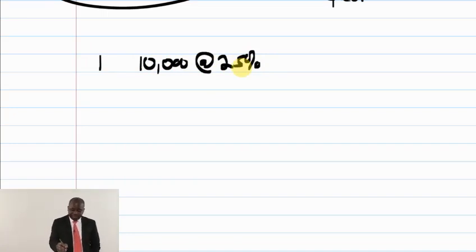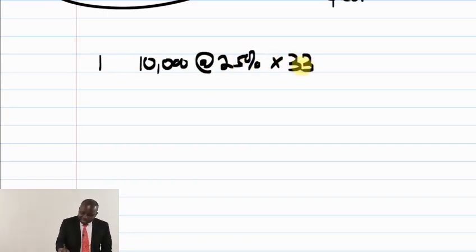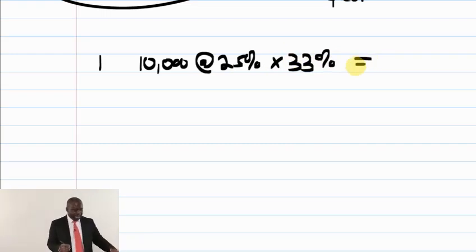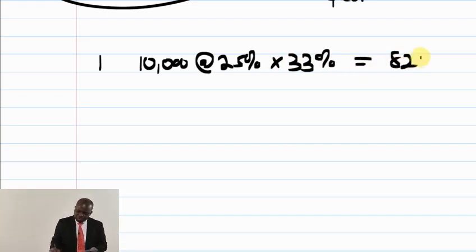The cost of the asset is 10,000 multiplied by the reducing balance of 25% multiplied by the tax rate of 33%. I'm using the shortcut approach. So 10,000 times 0.25 times 0.33 is giving 825.